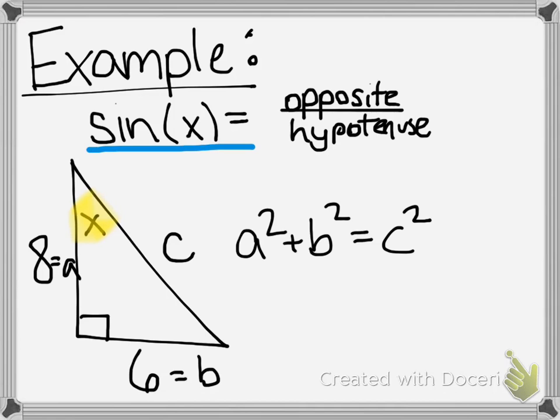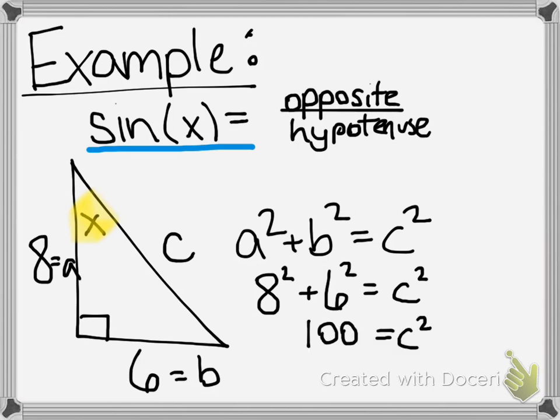So we can just plug in 6 and 8 and solve for C. So from here we'll get 8 squared plus 6 squared equals C squared, which will be C squared is equal to 100. And now we can square root both sides to find that C is equal to 10. So now we have our hypotenuse length.